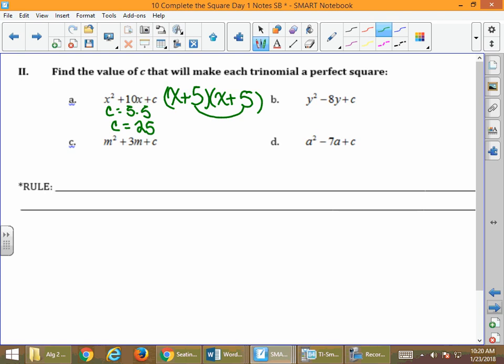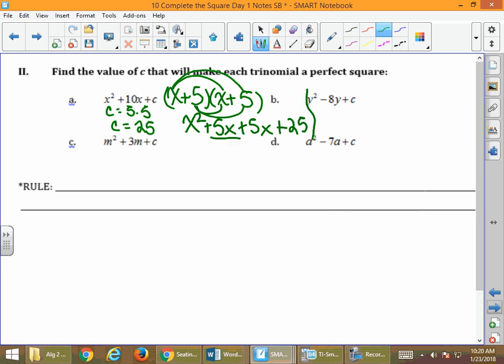Now, for a couple of you, you're probably going, yeah, I got nothing here. But what helped earlier is, if I did the whole factoring here, this would be x squared plus 5x plus 5x plus 25.